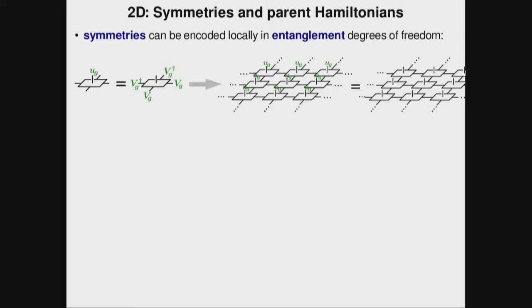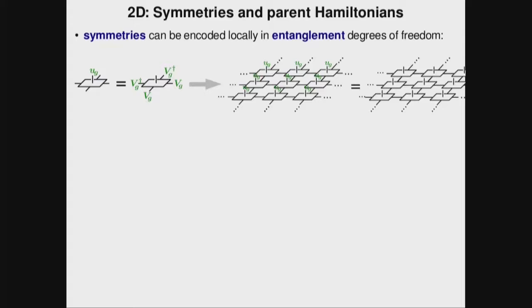So we can do the same again. We can concatenate these. Whenever we concatenate two of these, the V and the V dagger will cancel out. We keep growing. And then if we go to an extended system, like on a torus, we will get a wave function which is invariant, right? Because all these symmetry actions on contracted indices have canceled out.